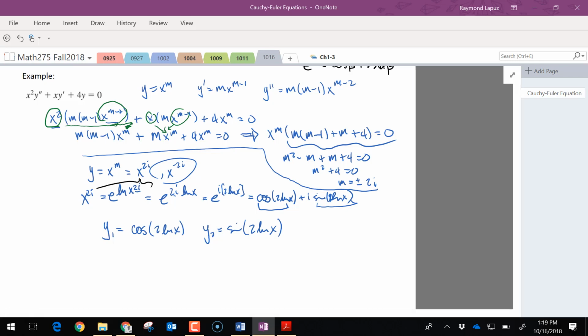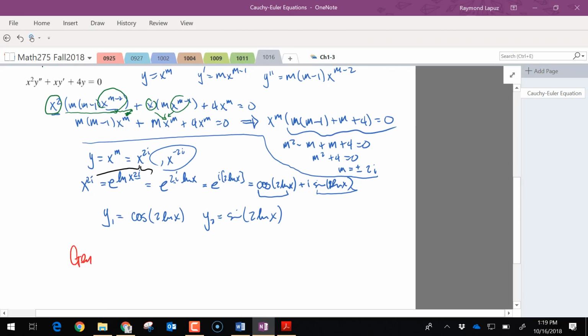Well, we write our solution with the extra constants.